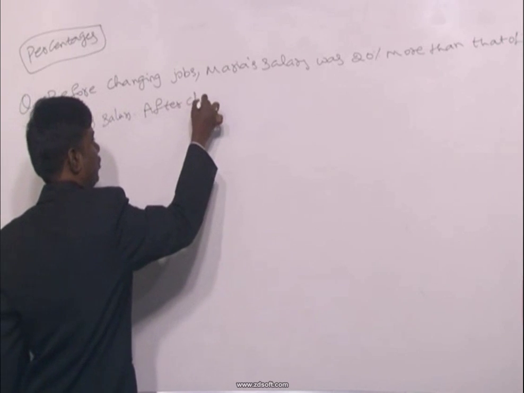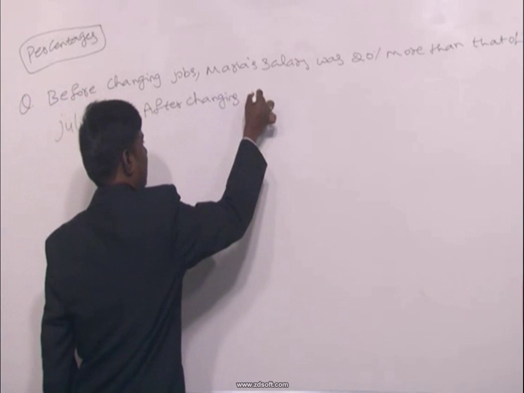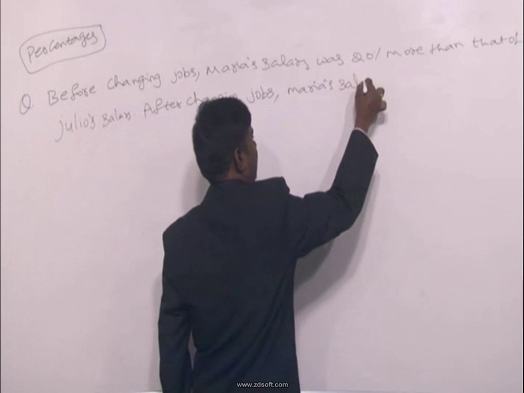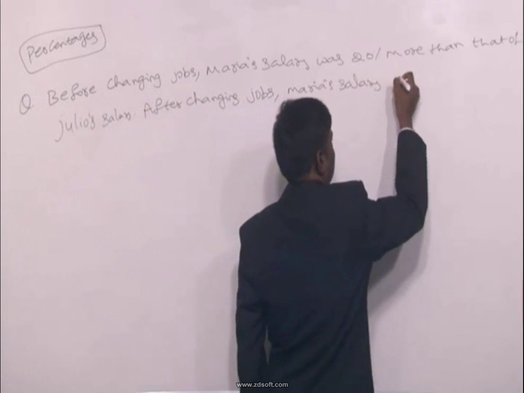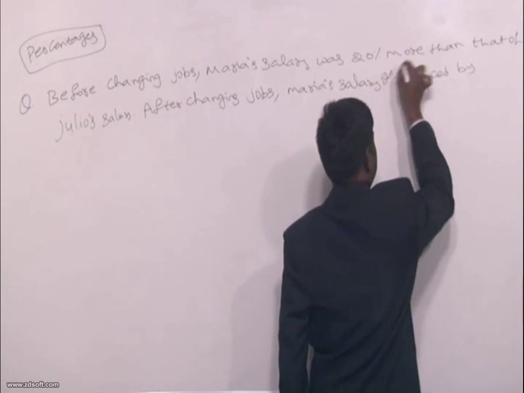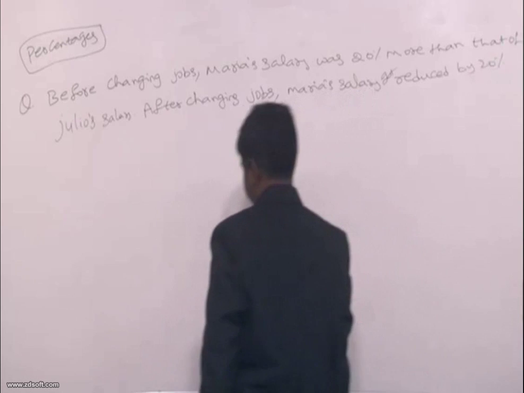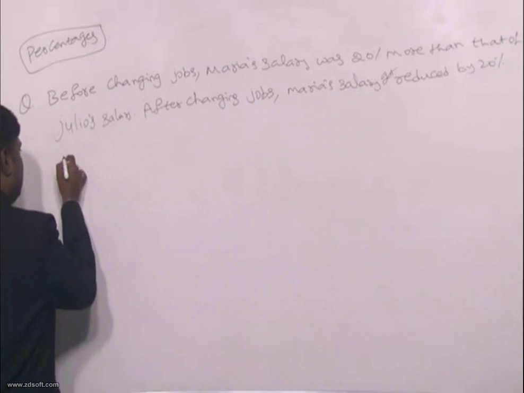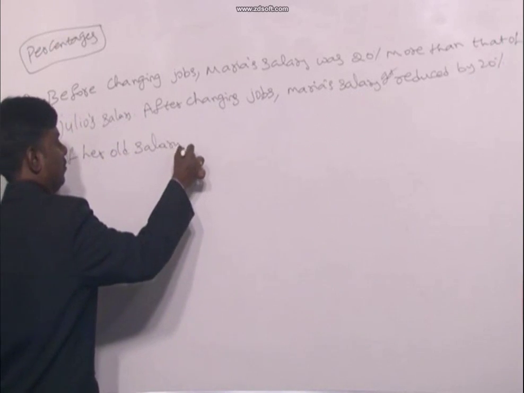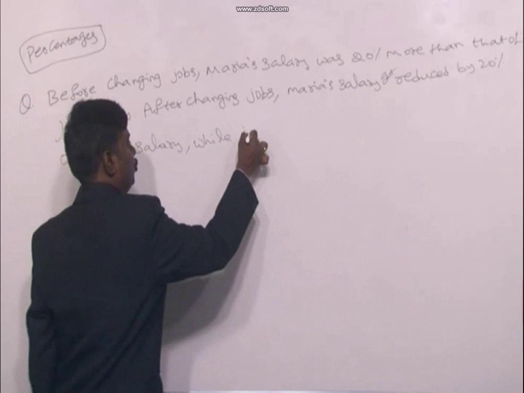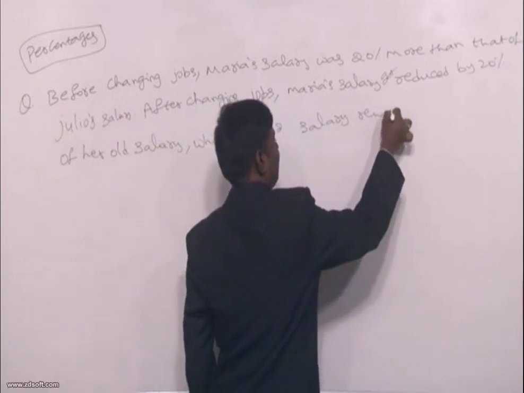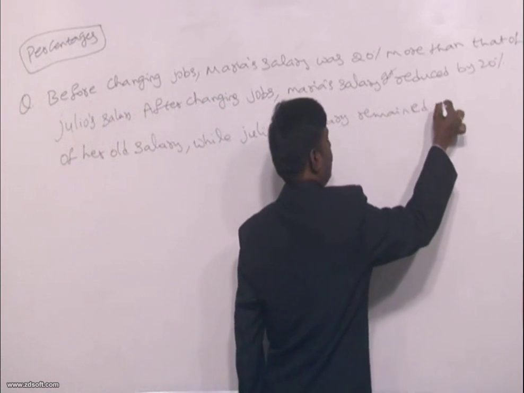After changing jobs, Maria's salary reduced by 20% of her old salary, while Julio's salary remained unchanged.